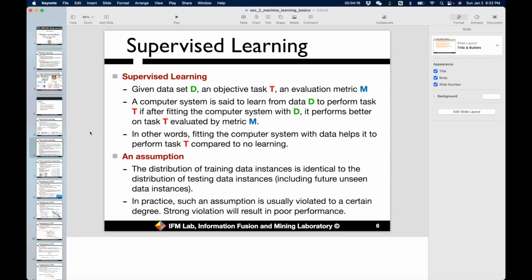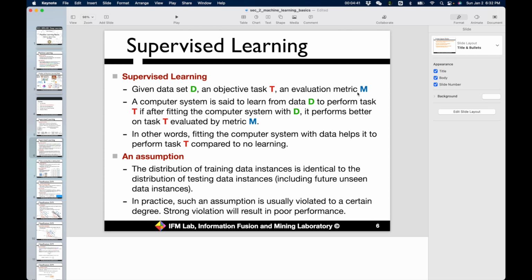Then we can further have a look at supervised learning. Normally we require a training data set, and we also have a task and an evaluation metric. How can we say we have trained a model? How can we say a computer system has been learning from the dataset?